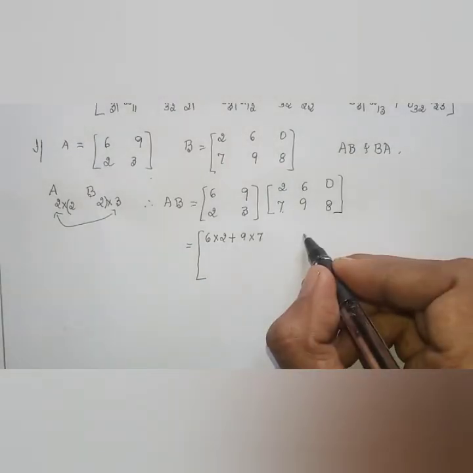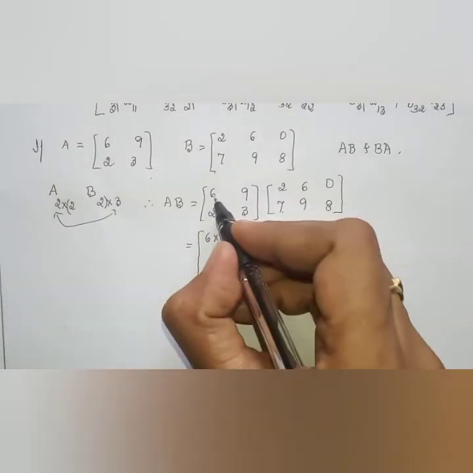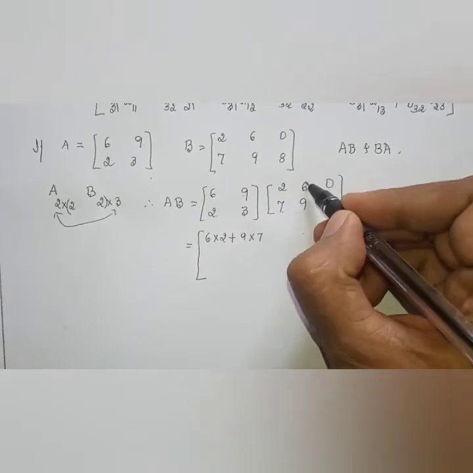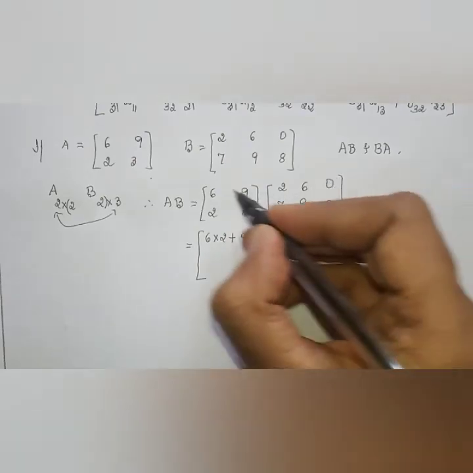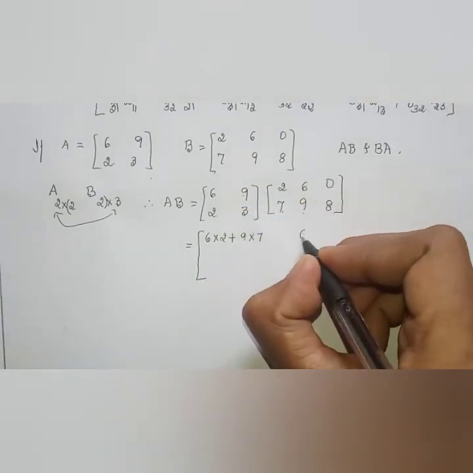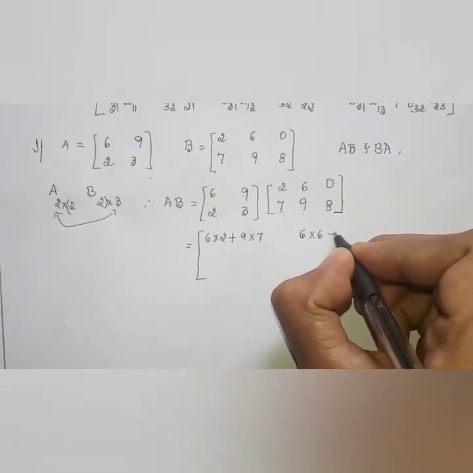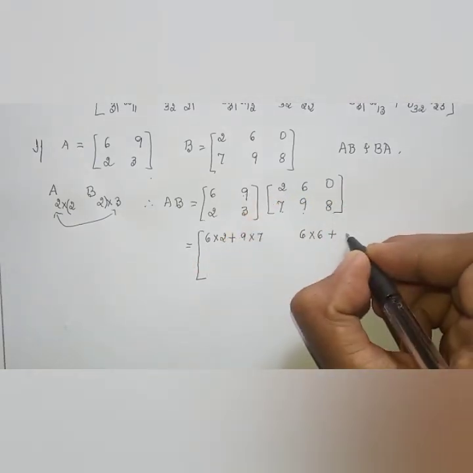Next, the second entry that lies in first row, second column: 6 into 6 plus 9 into 9.